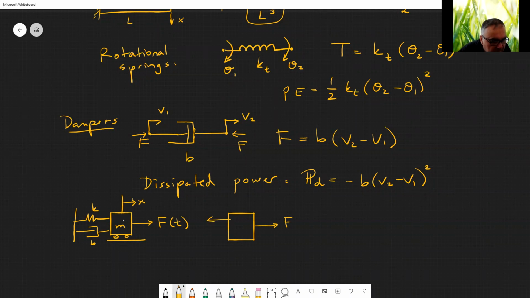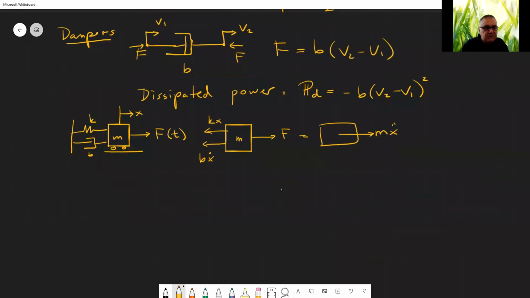There is the spring force, which is kx. There is the damping force, which is b x dot. This is m. The real forces are equal to the inertia force: F minus kx minus b x dot is equal to m x double dot.